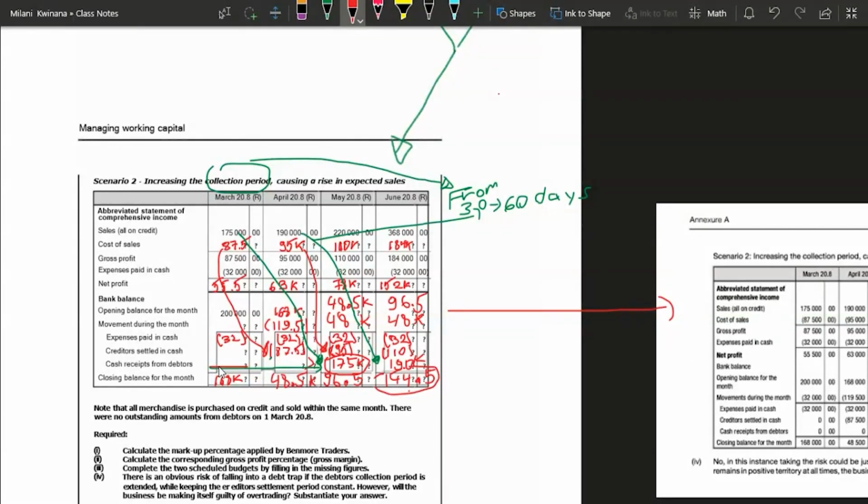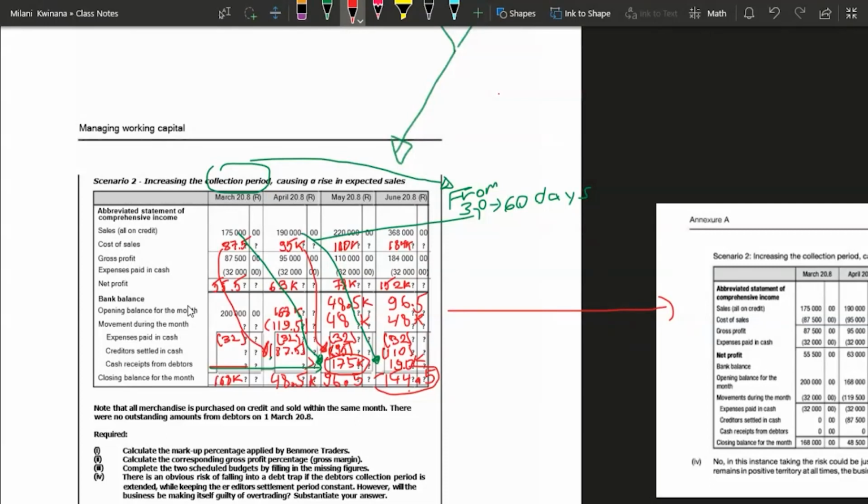Don't be stuck on rows. Within this case, the 60 days is 2 months, so 2 months later. That's why you don't talk about rows, talk about months. So from March, April, May. So that's 2 months later. So we put it in May. Okay, do we get that?